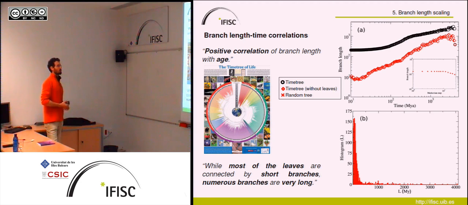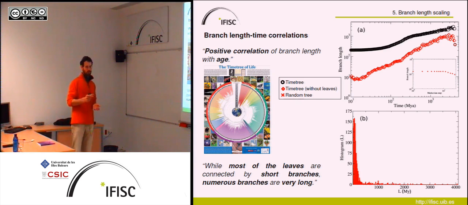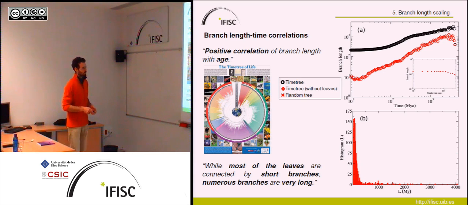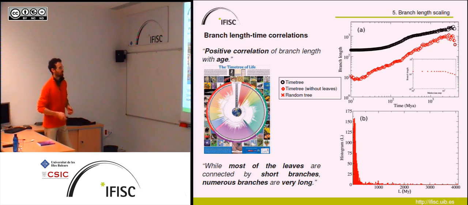It's remarkable, but this positive correlation was highlighted if we erase the branches that connect the leaves, and this was given by the fact that most of the branches that connect the leaves to the tree are very short.